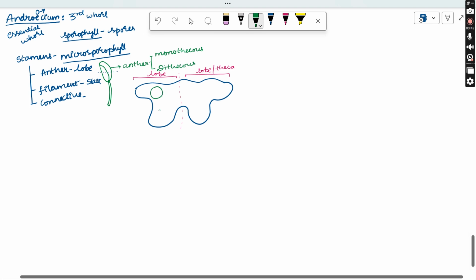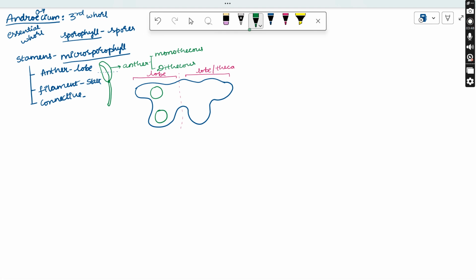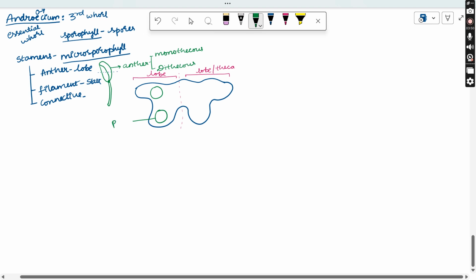Each lobe will contain sac type of structures. These sacs are called pollen sacs or pollen chambers. Each chamber, we call it a pollen sac or pollen chamber, where the pollen grains are produced. There is another name, we also call it microsporangia. A sac type of structure which holds the microspores, we call it a microsporangium.